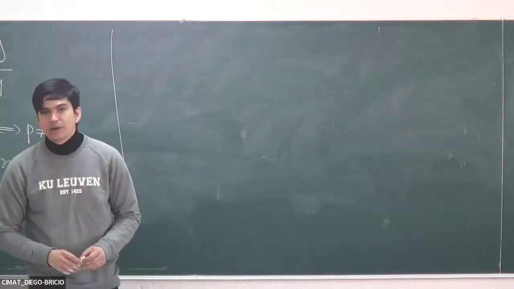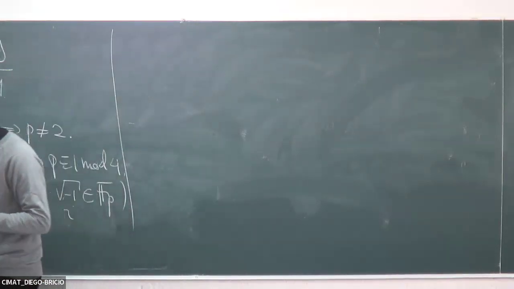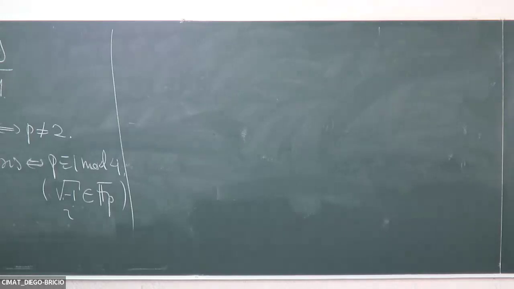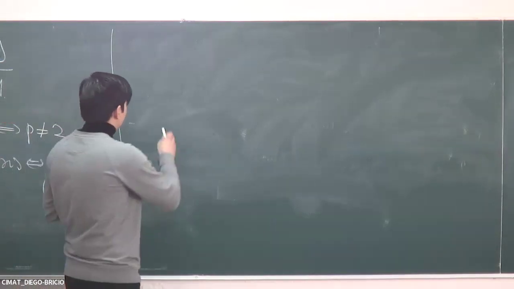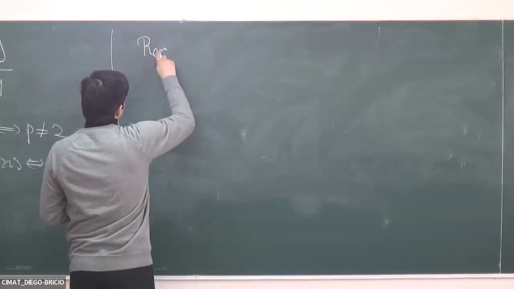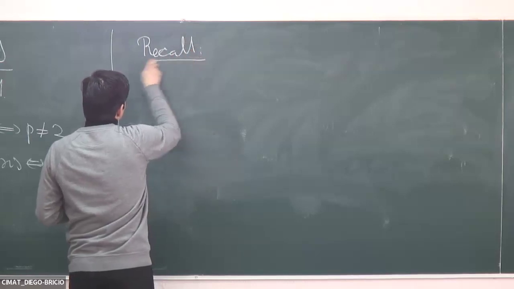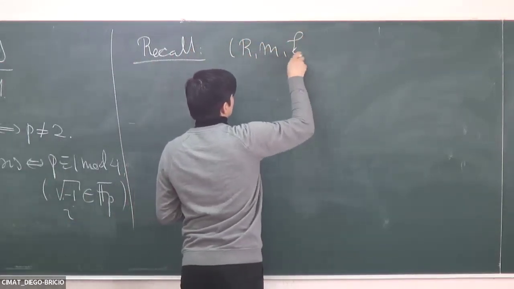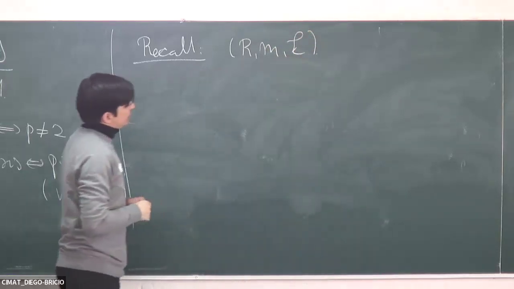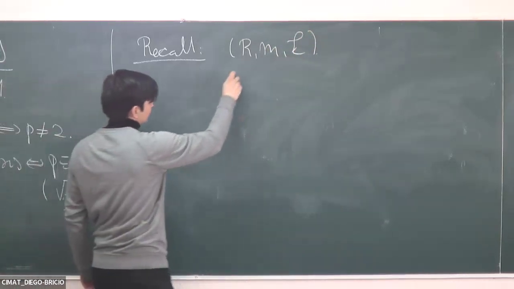In particular, we started to talk about matrix duality, which is this beautiful duality that happens on complete local rings, right? So recall, if you have a complete local ring, let's say equicharacteristic, complete.